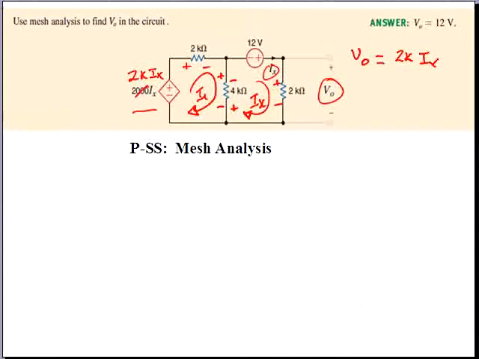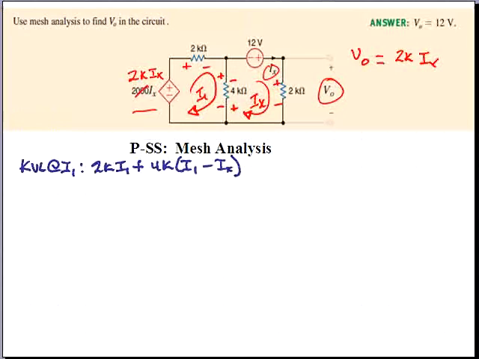So we'll begin by writing a Kirchhoff's voltage law expression around the mesh I1. And we'll have 2K I1 for a voltage drop at the top of the circuit, plus 4K times the difference between the mesh currents, I1 minus I sub X, at the right-hand side of that mesh.